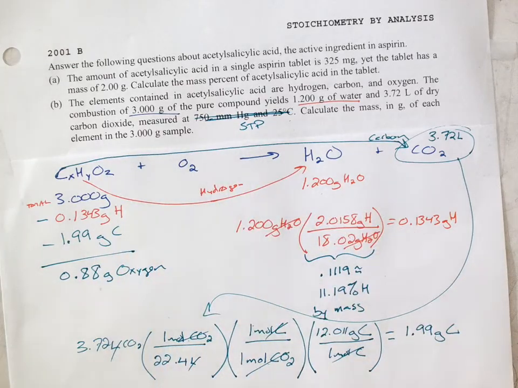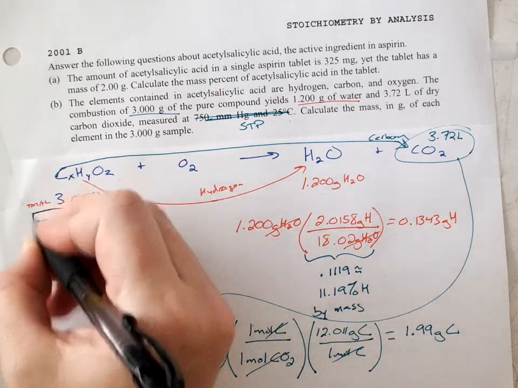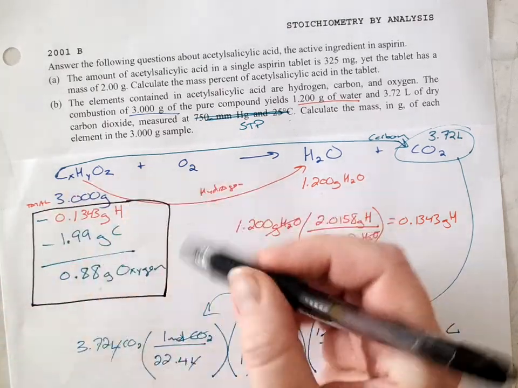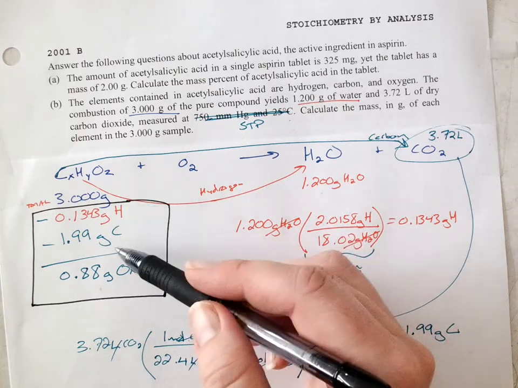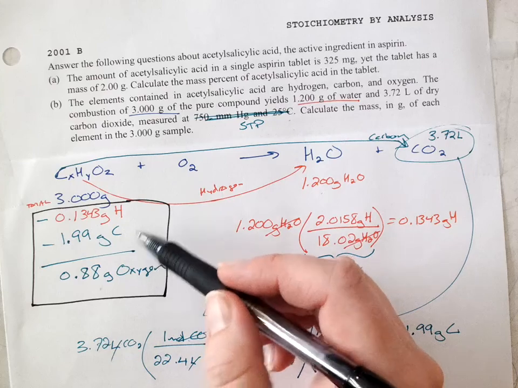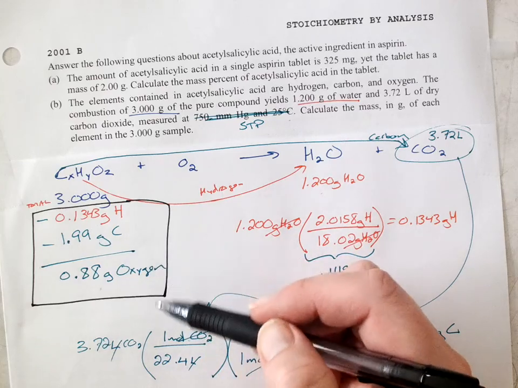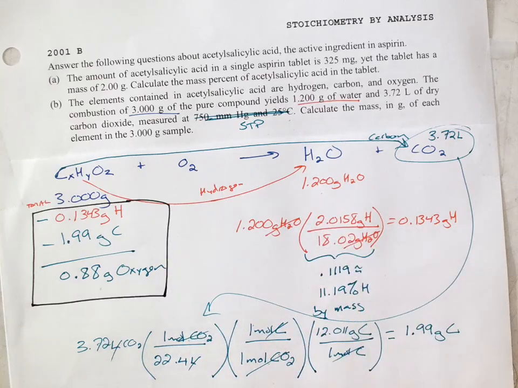I want to point out though that I could then use these masses to try and figure out the empirical formula. I would take these masses, I would turn them all into moles using their molar masses, and then I would try to find the simplest mole ratio. This might not be that easy with something like acetyl salicylic acid, but let's see what happens. Okay?